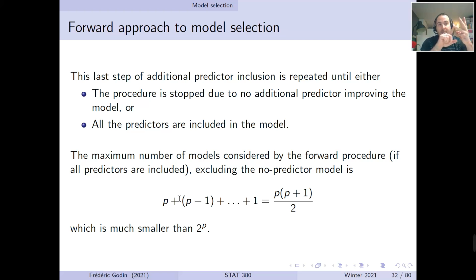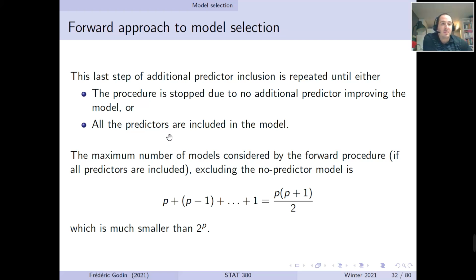Conversely, if a three parameter model is better, then you include it in the model and continue like this, trying to include new parameters until one of two things happens. First, at some point the performance doesn't improve further, so you just stop the algorithm and keep the predictors you've included.